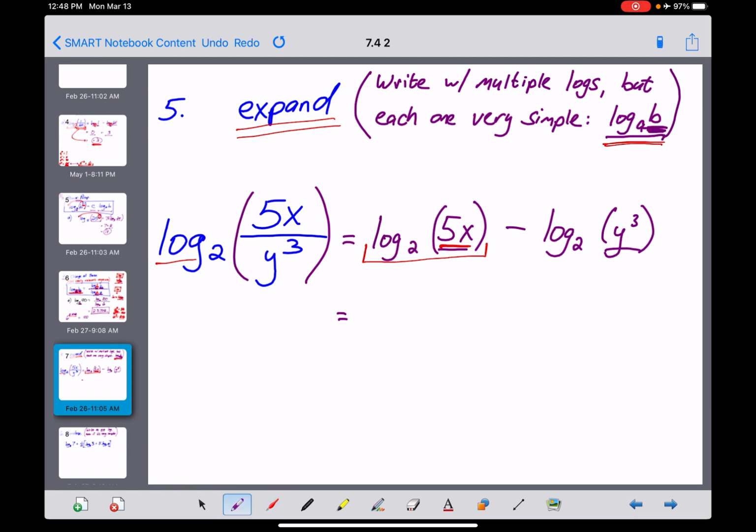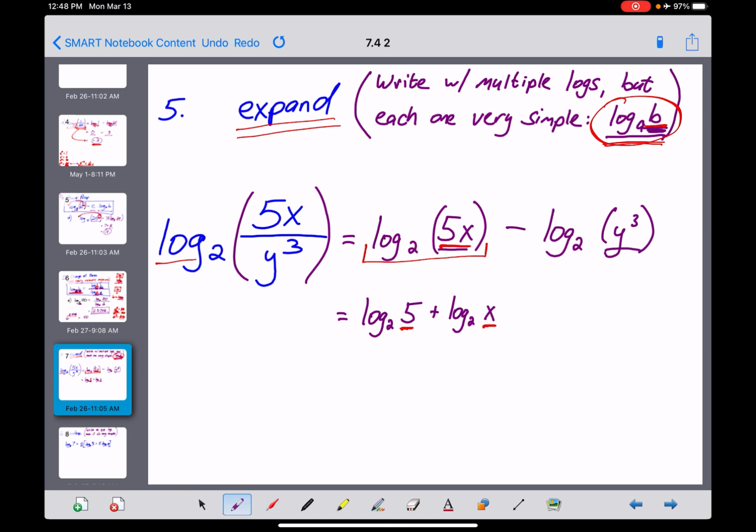So we'll use the product property and make that the log base 2 of the first factor, which is 5, plus the log base 2 of the second factor, which is x. And right now, guys, I like what I see, because what we were looking for here was log base a of b, just a single number there by itself. 5 is a single number, so that one's good. x is a single number, so that one's good.